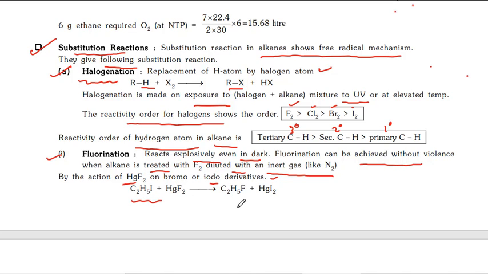So generally, if you want an alkyl fluoride you can react with fluorine, but that is explosive. So without explosion, how can you make it? You can take alkyl iodide, then take heavy metal fluorides, then this fluorine is substituting, so easily you can get RF. Okay, this type of reaction is there again in class 12th.